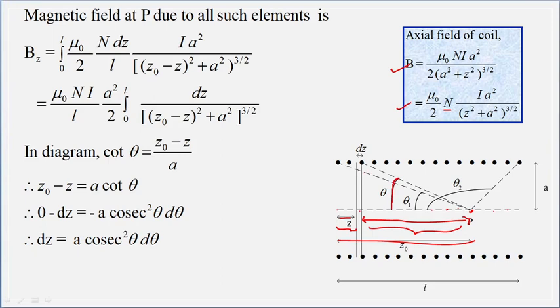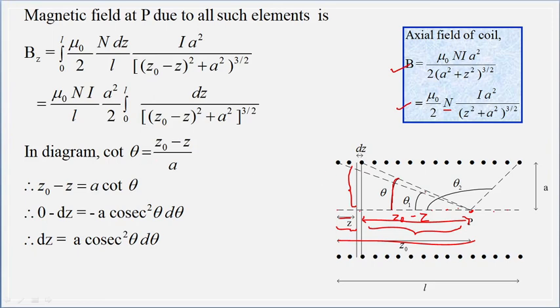What is cot of theta? Tan of theta is opposite side divided by adjacent side, so cot of theta is adjacent side over opposite side. The adjacent side is z naught minus z, and the opposite side is a.